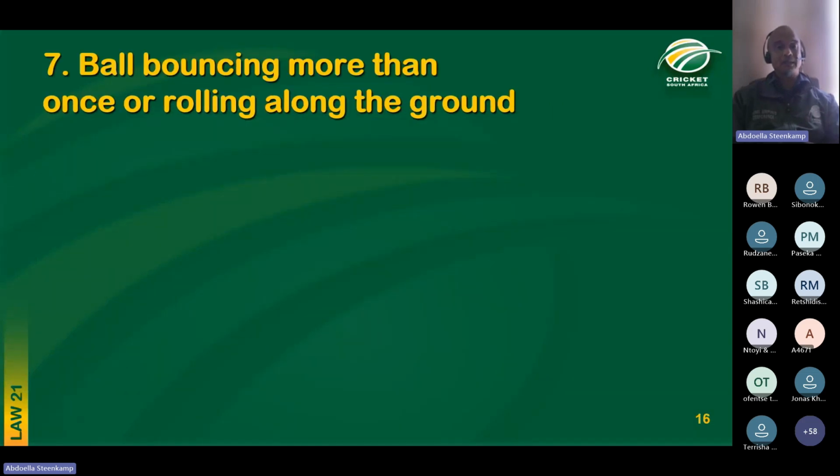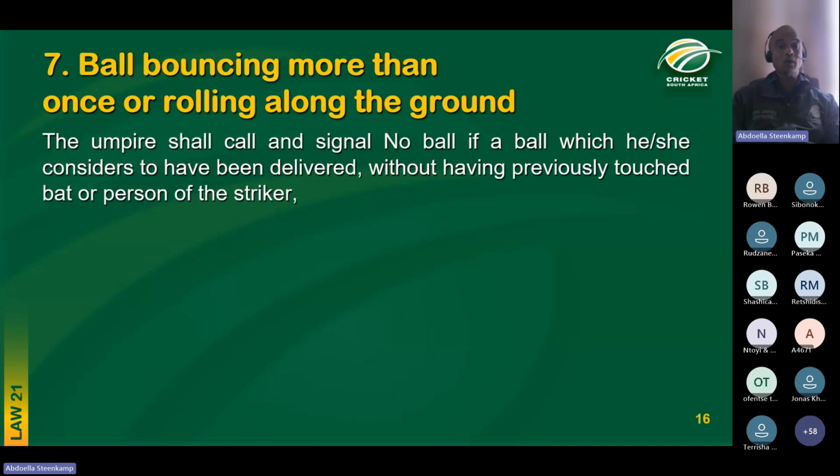What happens if a ball bounces more than once or the ball rolls along the ground? The law allows either umpire to call it, but the striker's end umpire is in the best position because of the side-on view.